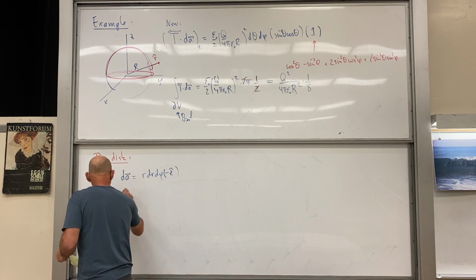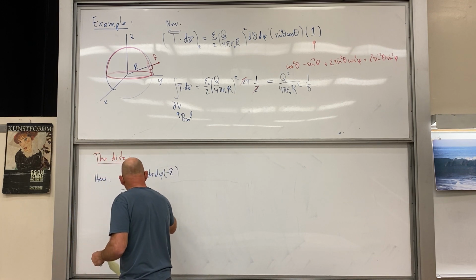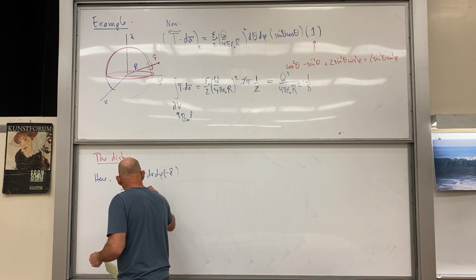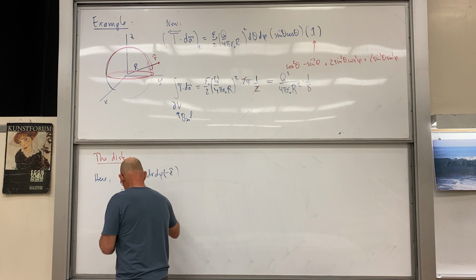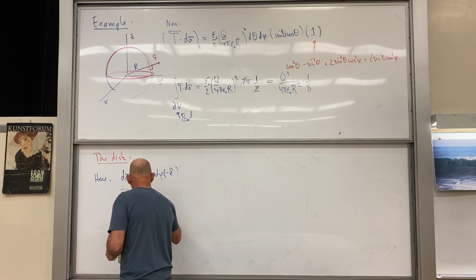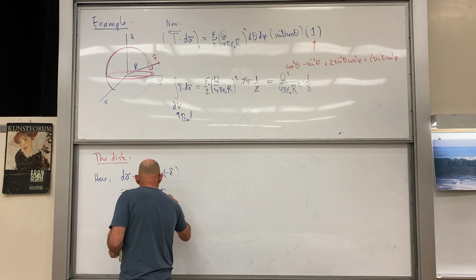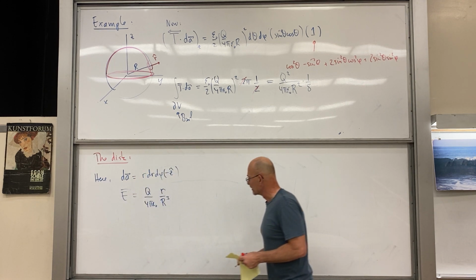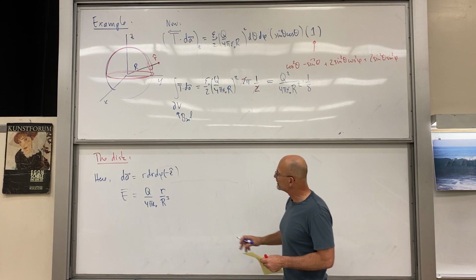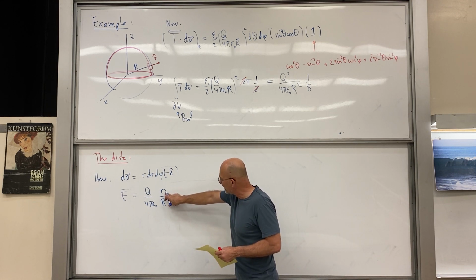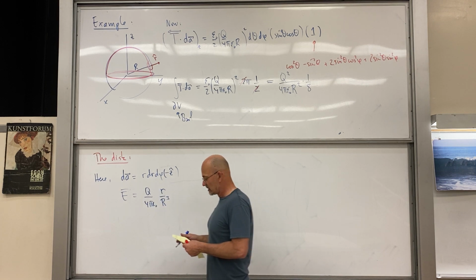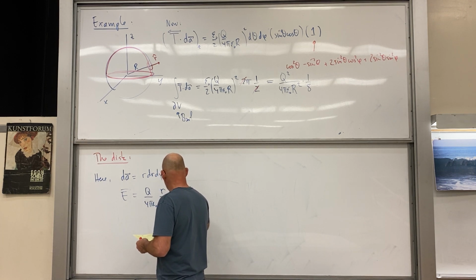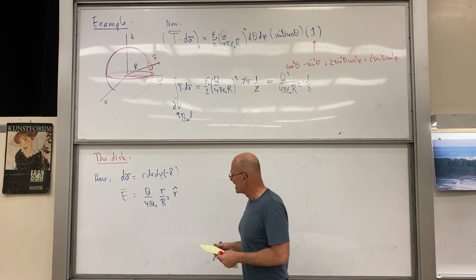E, which I have erased, but you guys remember it was that linear law, so q over 4 pi epsilon naught, r over capital R cubed, right? This time we're integrating r from 0 to capital R, and r hat because it's pointing out.